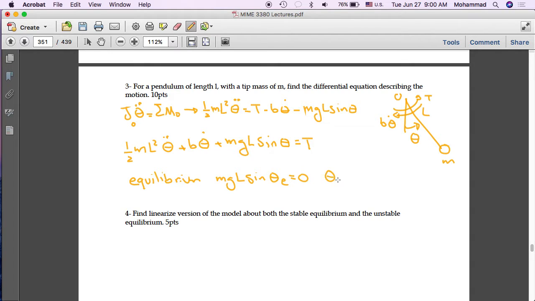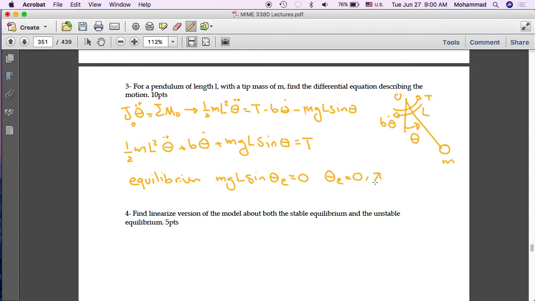So theta equilibrium can either be 0, or as the second possibility, it can be angle 180 degrees, I apologize, which is pi radians. So 0 degrees and pi, which is 180 degrees, these both are the equilibrium positions.